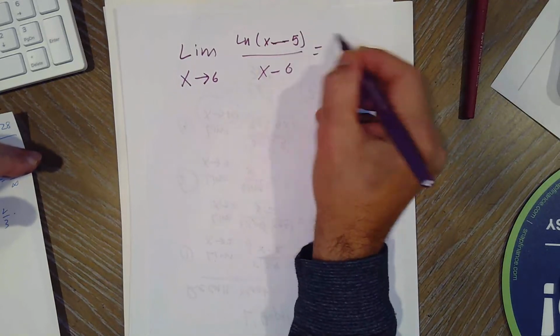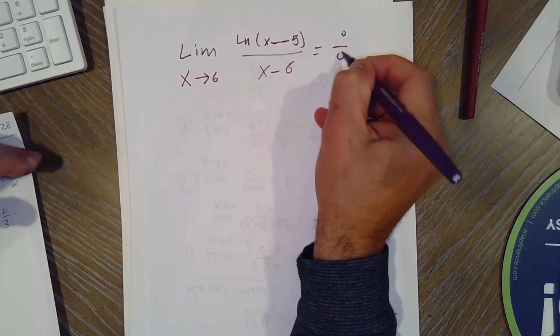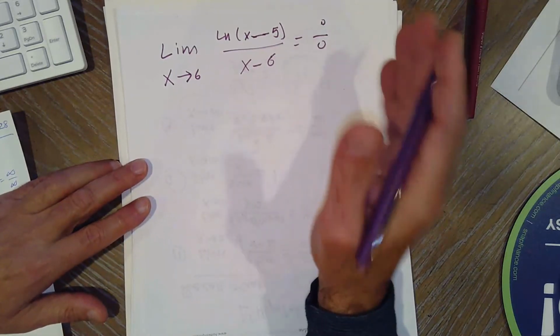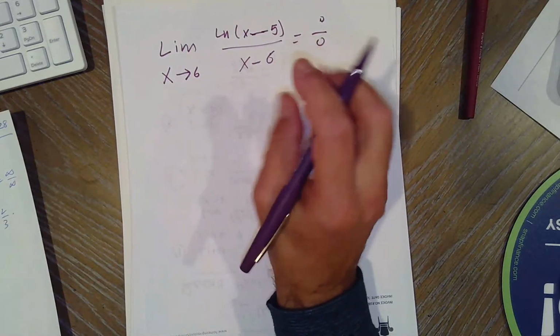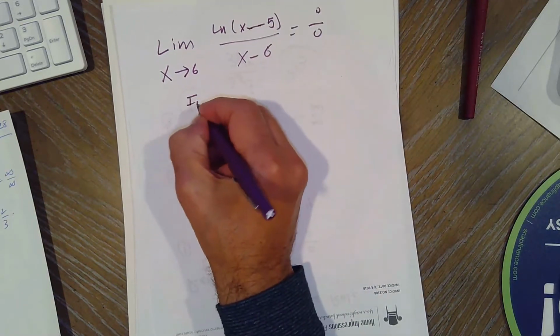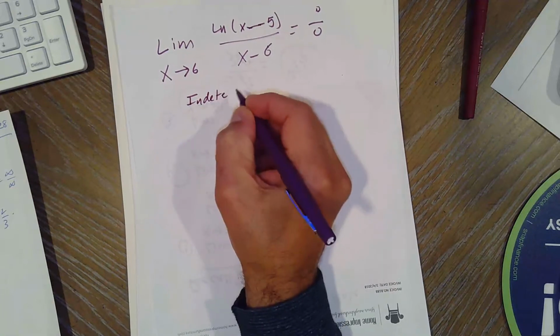So we get ln of 1 is 0, 6 minus 6 is 0, and we can't factor, we can't rationalize, so we're stuck. This is 0 over 0, which is what we call indeterminate form.